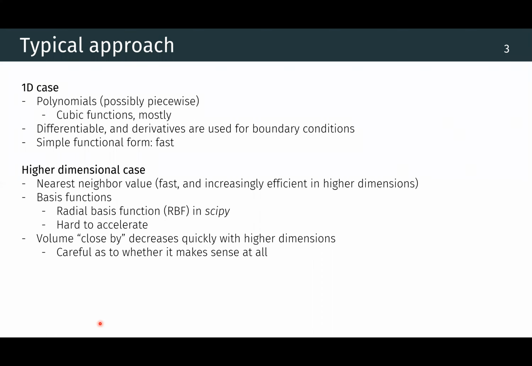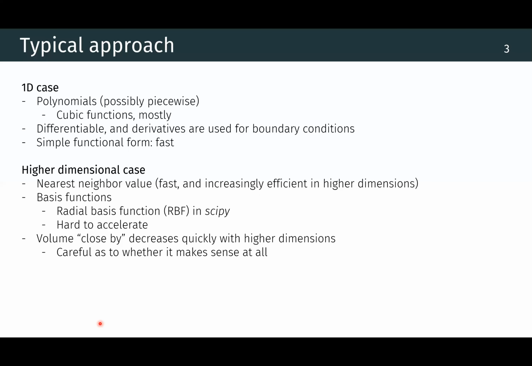Just the same way as if you take a random vector in n dimensions, it's almost always orthogonal and only rarely non-orthogonal. So it's an interesting thing that if you go to higher dimensions, basically what is considered to be common is completely different than what we're used to. That's why in very high dimensions, nearest neighbor values are actually not that bad for interpolation.